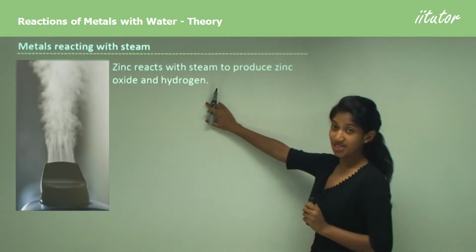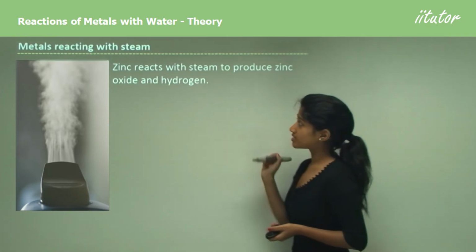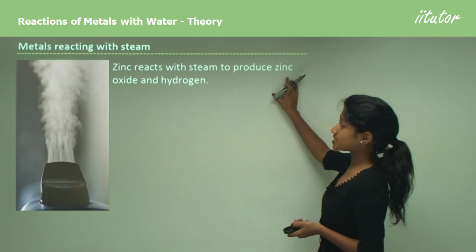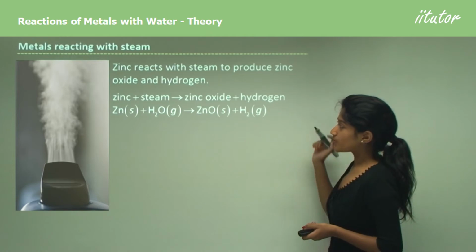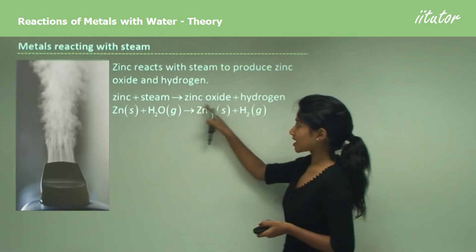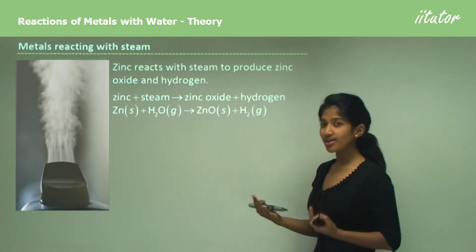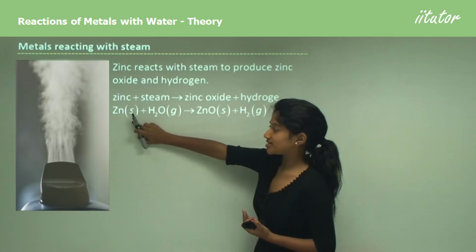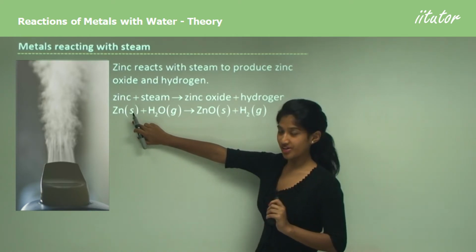Metals reacting with steam. Now metals also react with steam. For example, zinc reacts with steam to produce zinc oxide and hydrogen. We have zinc and steam reacting to form zinc oxide and hydrogen. When writing the chemical equation for this, you would write zinc in its chemical formula as Zn, which is found in your periodic table.